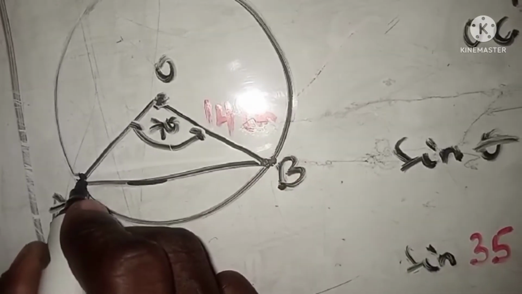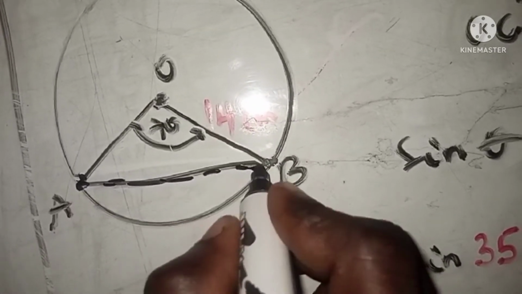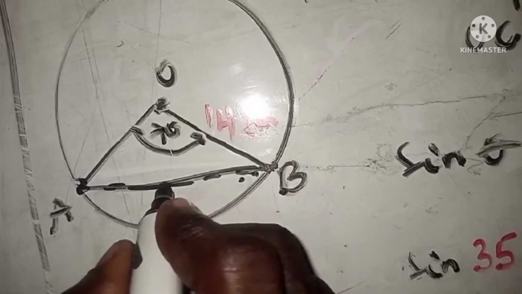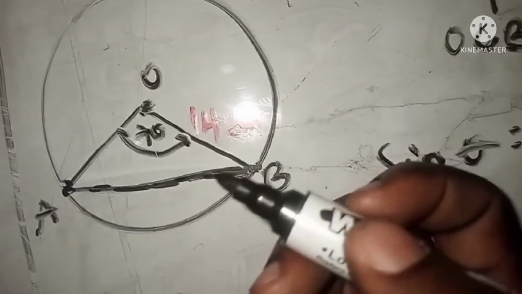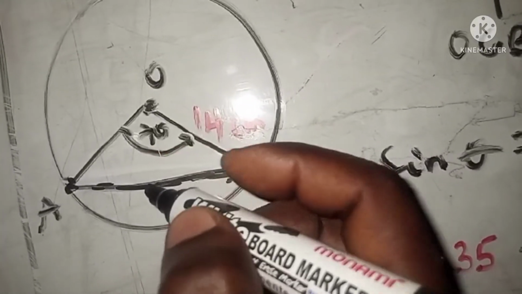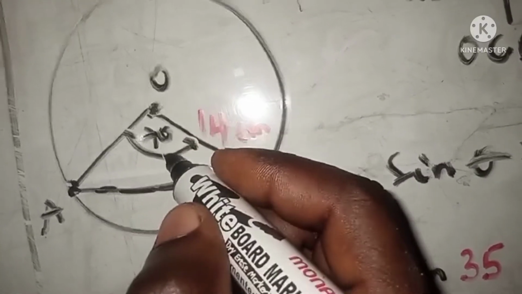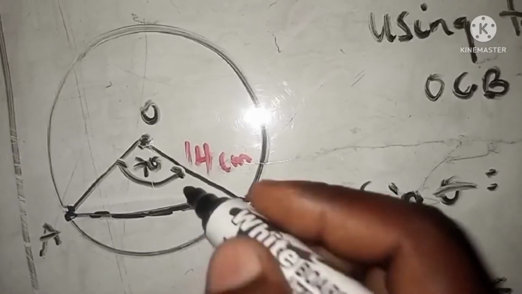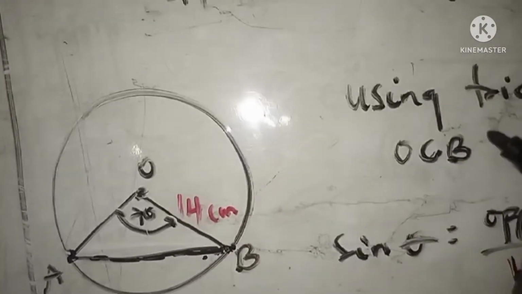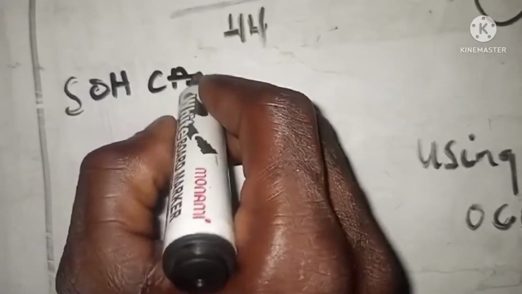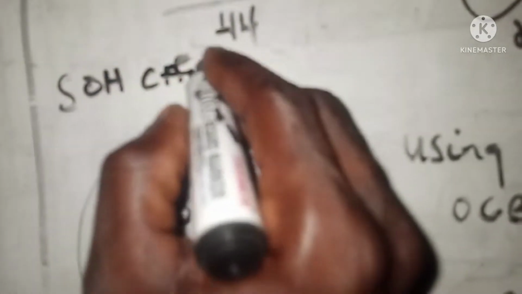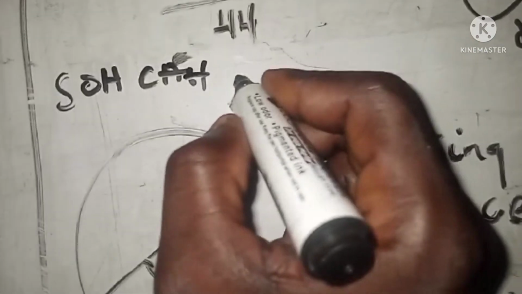So for you to find the length of this guy from here to here, you have to know what to use. So what are we using to find the length here? Maybe one of the keys here is to use either Pythagoras theorem or SOHCAHTOA, right? What I mean by SOHCAHTOA here is a short form for the trig identities, right?